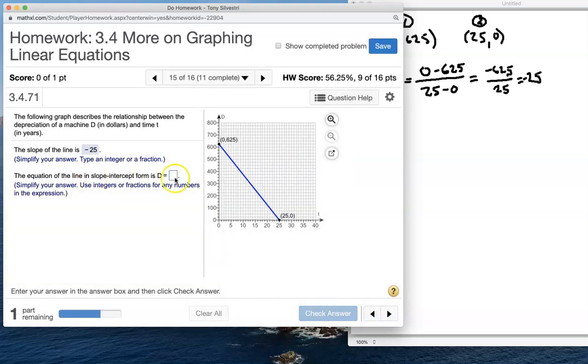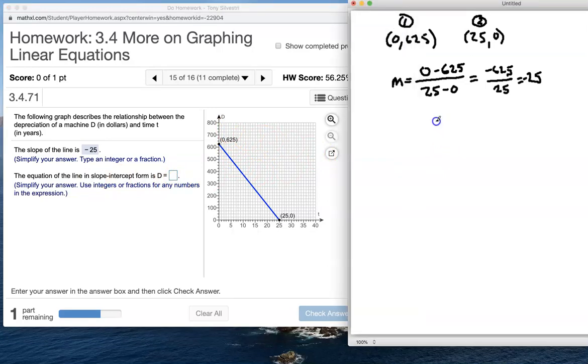The equation. They want the equation. It's y equals mx plus b. But in this case, they want you to get used to not always using x's and y's. The y always represents the vertical, and in this case, the vertical axis is labeled d.